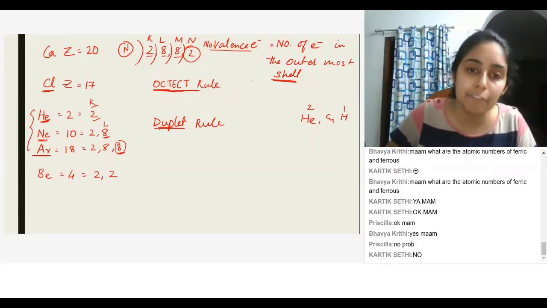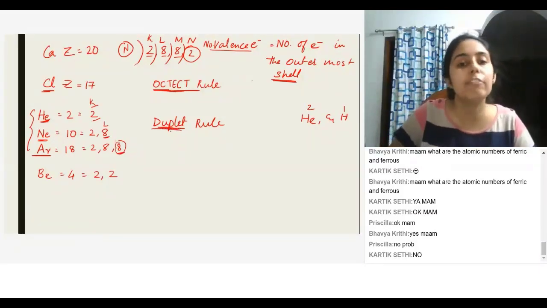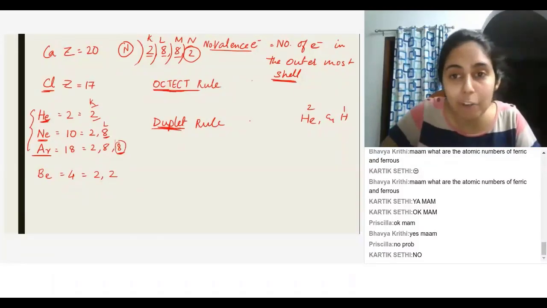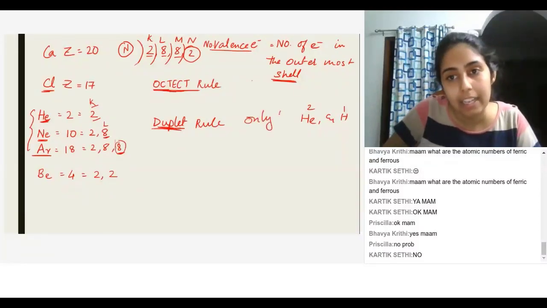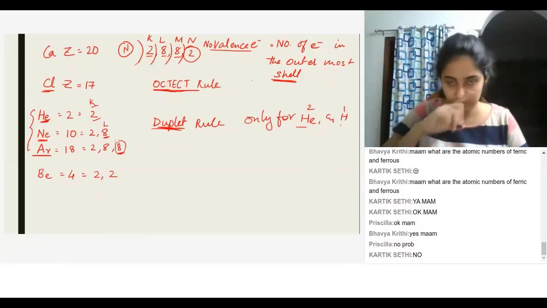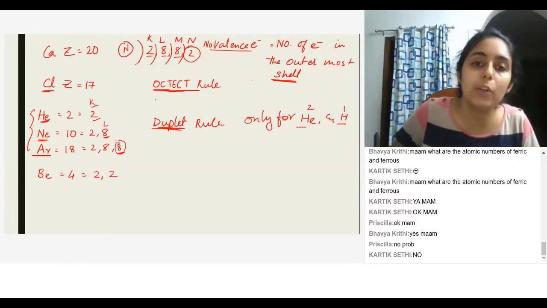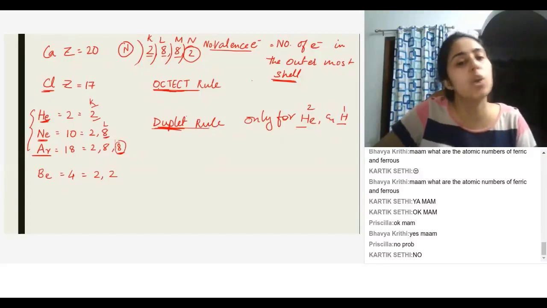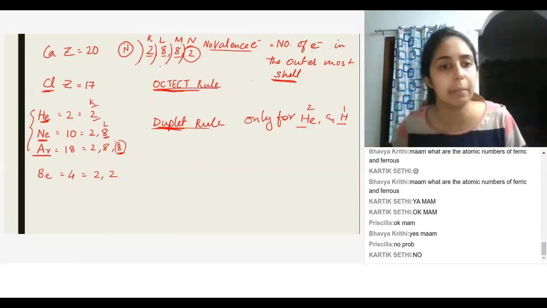And the duplet rule states that in order for an atom to be stable, it has to have 2 electrons in the outermost shell, only for helium and hydrogen. So the duplet rule applies only to helium and hydrogen. The octet rule applies for all other elements in the periodic table.